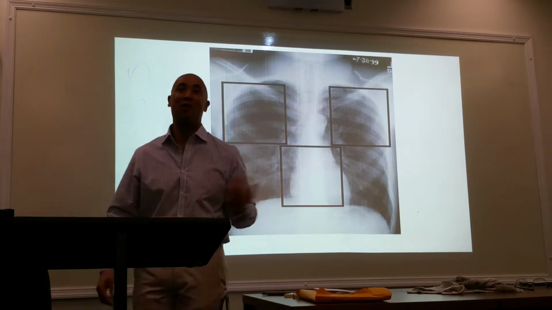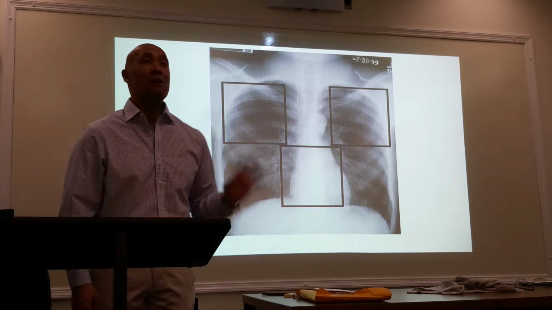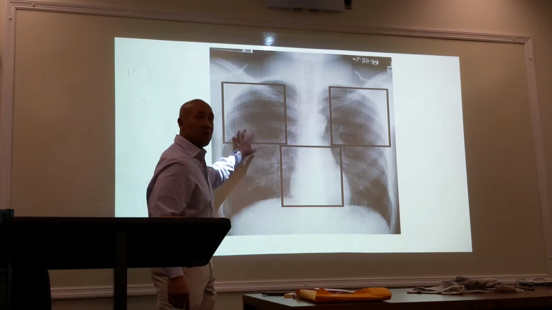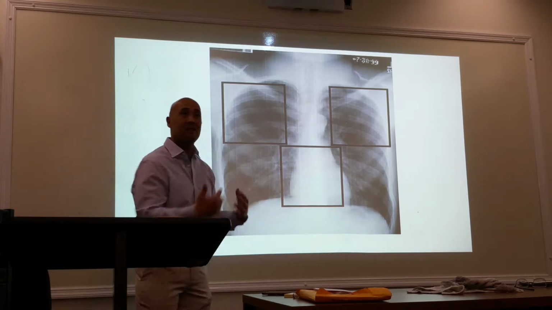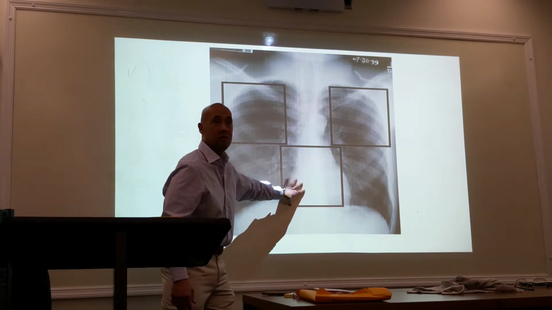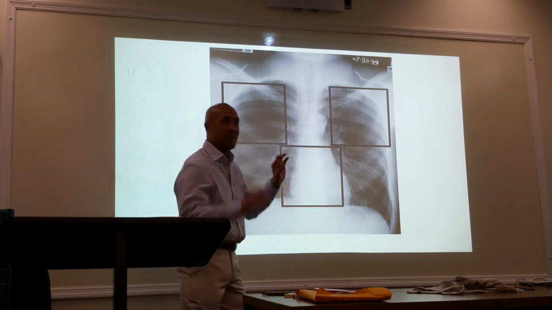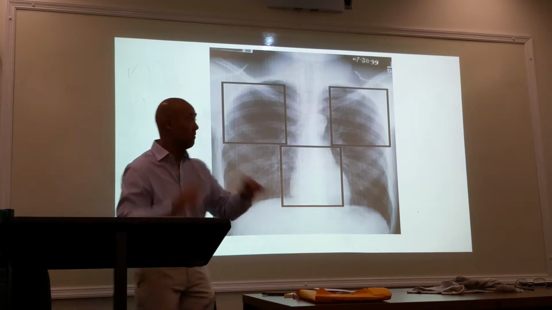I've seen them use all 3 cells when doing an AP or PA. But the importance here is you don't want to focus on just one, because it's just going to take that one and make the exposure either shorter or longer. When you're using both outer photocells, because it's striking two different areas, it's going to give you a slightly longer exposure than if you just did the one.